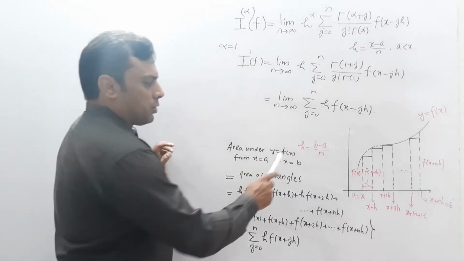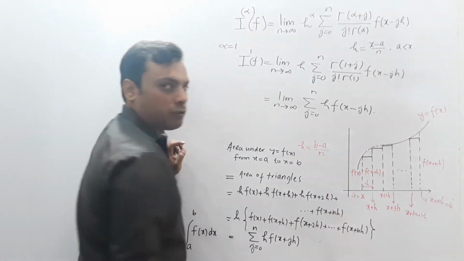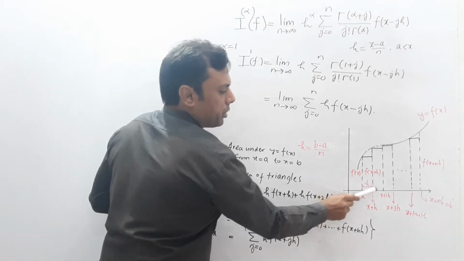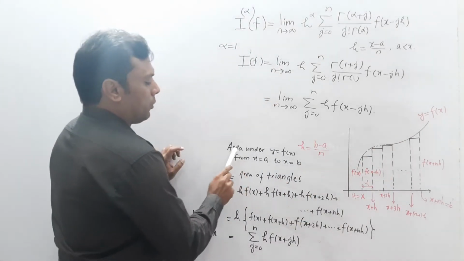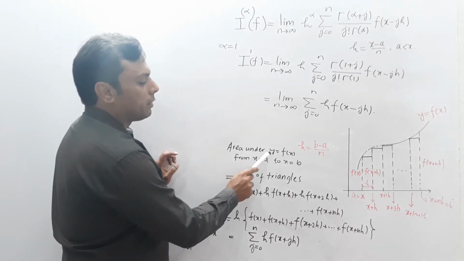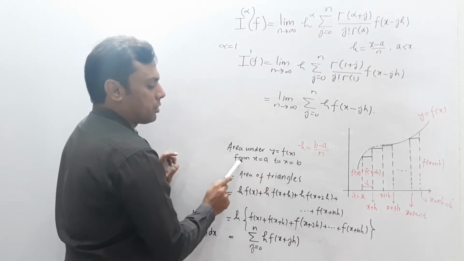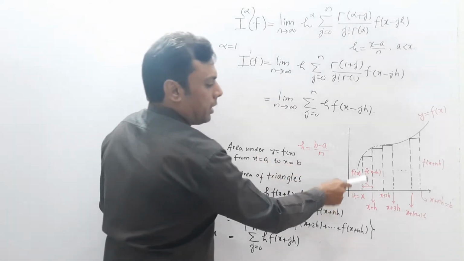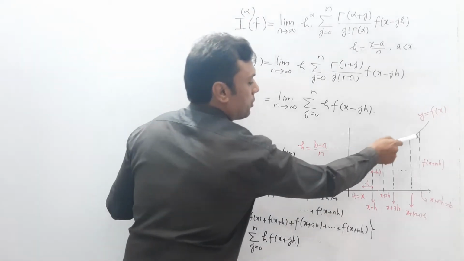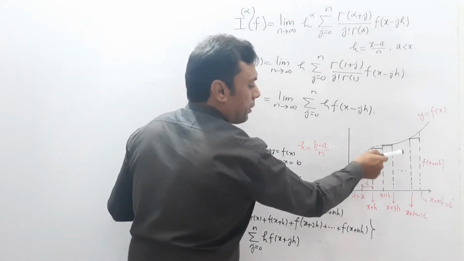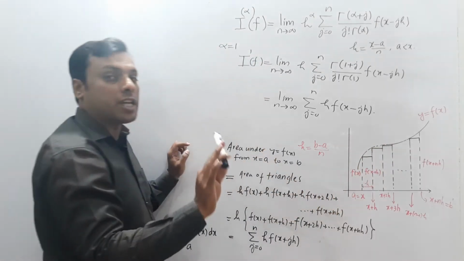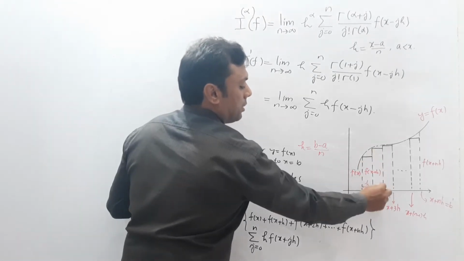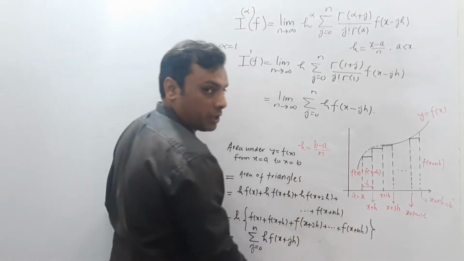Okay, so we have a function y equal to f of x. It has a graph. We take a point A to point B. We want to find the area under this graph y equal to f of x from x equal to A to x equal to B. If I divide this region into a number of rectangles with the same width h, this is the first rectangle with width h, second rectangle again width h, third and so on, up to the nth rectangle.